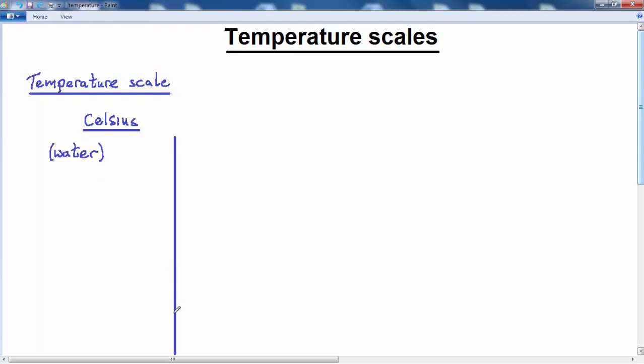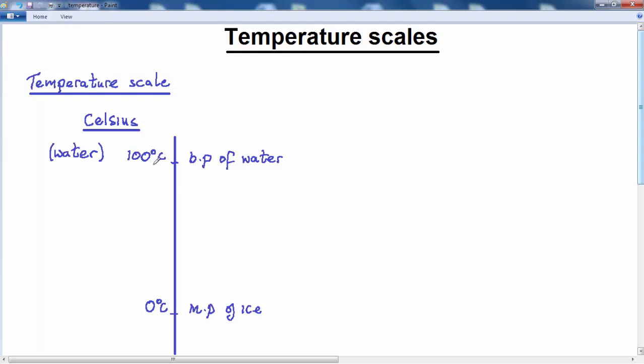He decided that the 0 point on his scale, let's call that 0 degrees Celsius, would be the temperature at which water freezes, or the melting point of ice, and that he would make the temperature at which water boils 100 degrees Celsius on his scale.